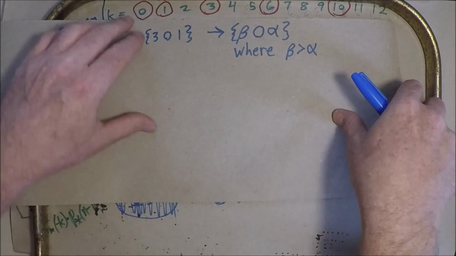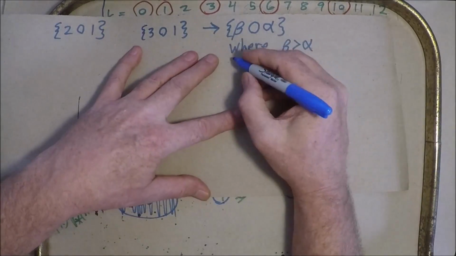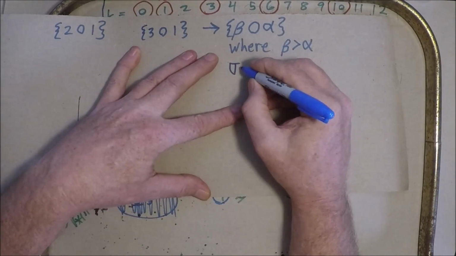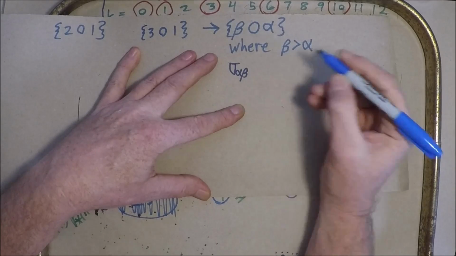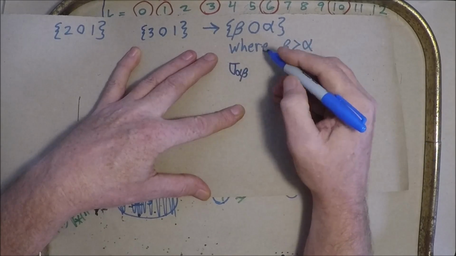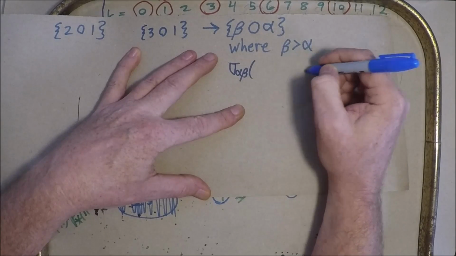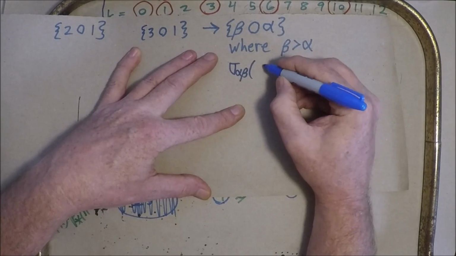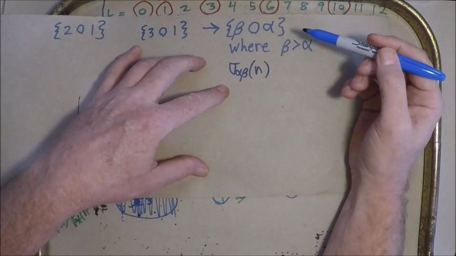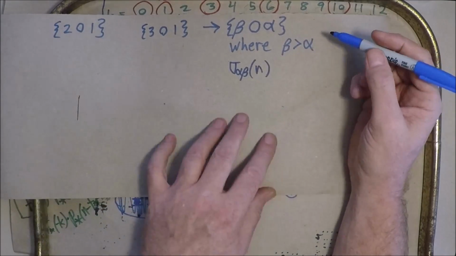And what we then get is a sigma alpha beta function. And I write it like this: if it's clear, you could do alpha beta n, but I'm just going to go sigma alpha beta n because we're talking in general here.